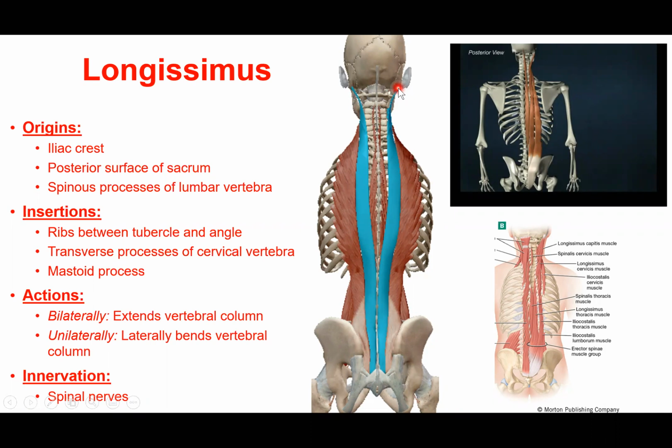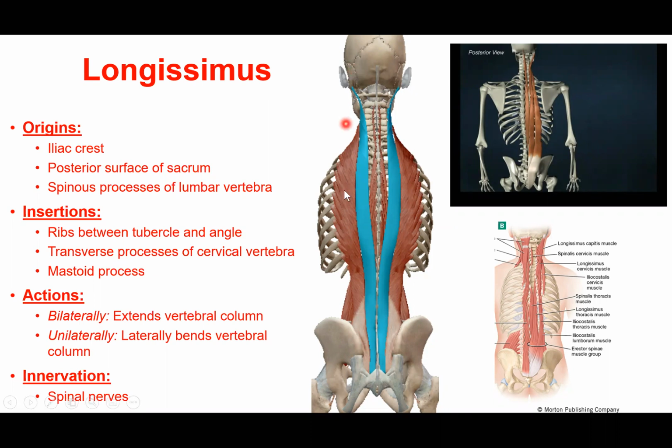So you can imagine why this is called the longissimus, because this is the longest muscle of the three erector spinae muscles, starting all the way down here at the sacrum and extending all the way up to the head onto the mastoid process.